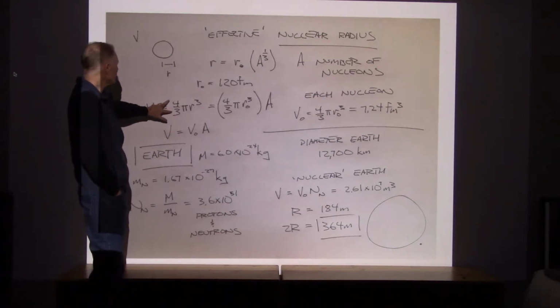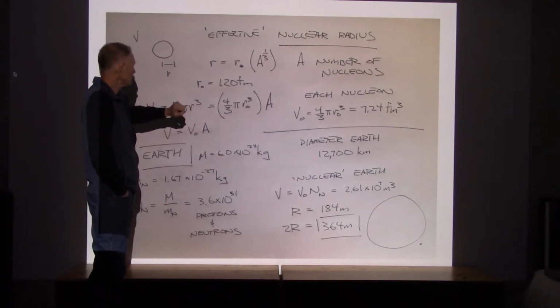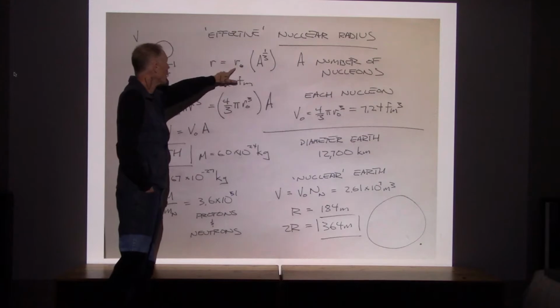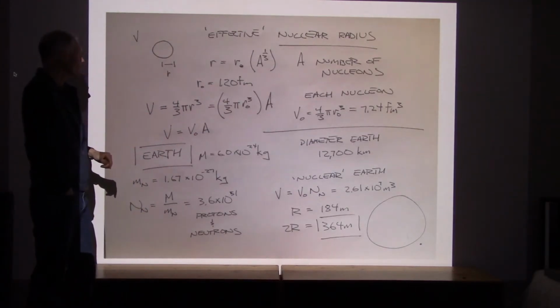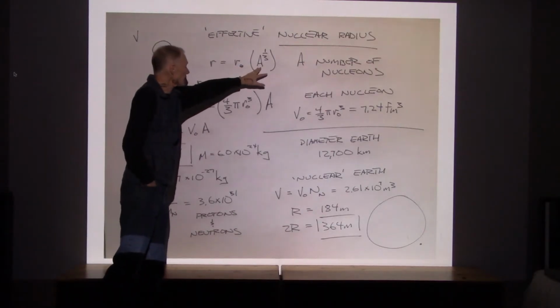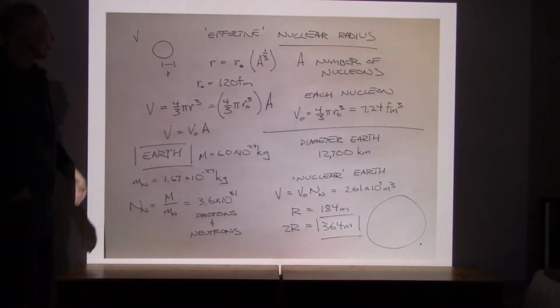We can write that as 4/3 pi r cubed, and then we'll substitute in r naught, A to the 1/3, and by cubing the A to the 1/3, it just becomes 4/3 pi r naught to the 3rd power times A.